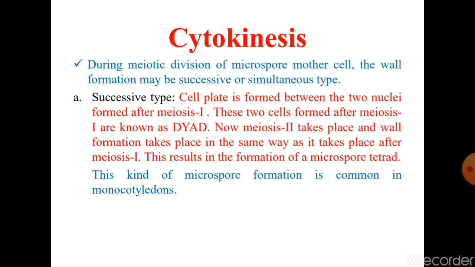After the formation of dyad, now meiosis second takes place, and which results in the formation of microspore tetrads. That is, here the wall formation takes place after the meiosis first, and meiosis second takes place after the formation of wall layer, that is formation of dyad. This kind of division is common in monocotyledons.